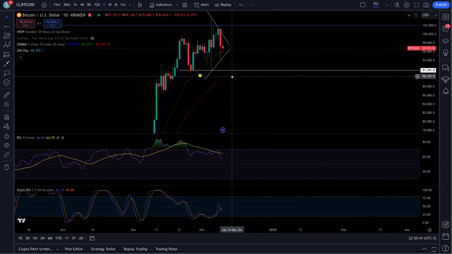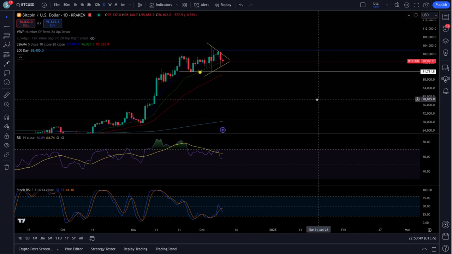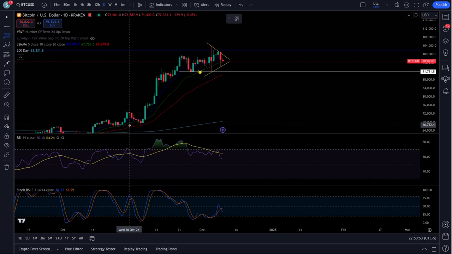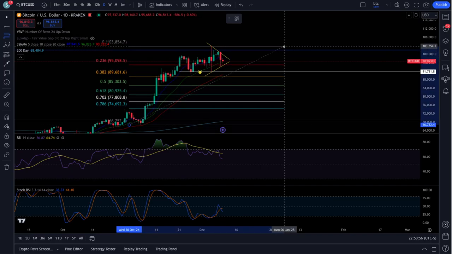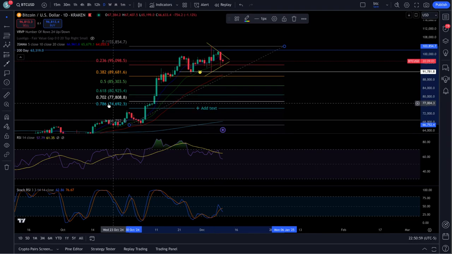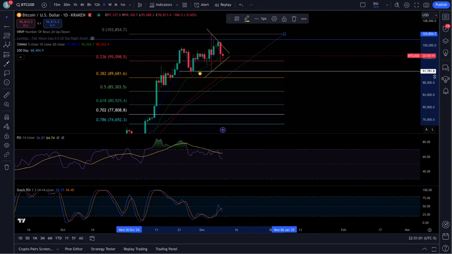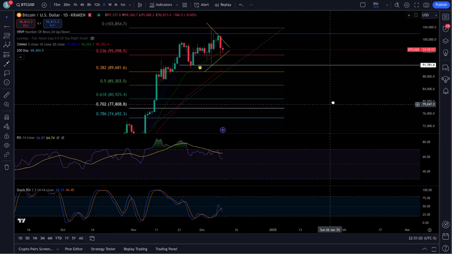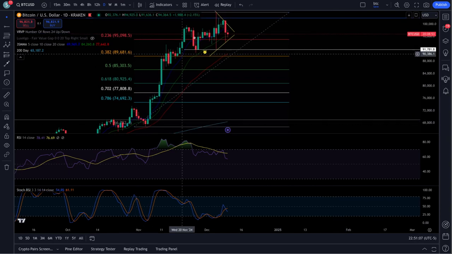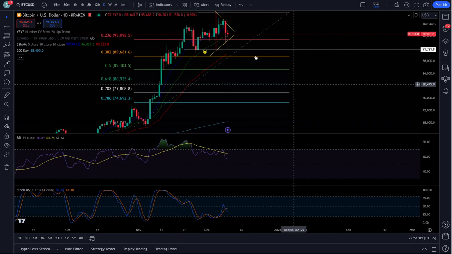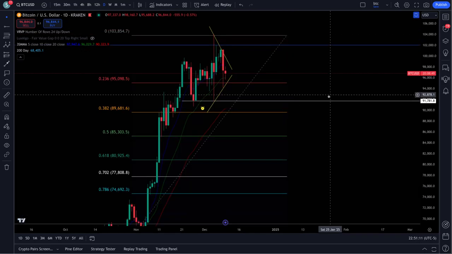My next target down here would probably be 90, and then after that, if it came down further, it could start getting a little heavier here, 77, 80,000. Believe it or not, that's the fib levels down here on the daily, if we go from the beginning of this swing up here. But quite honestly, I think we're going to hold this wedge and get a bounce out of here.